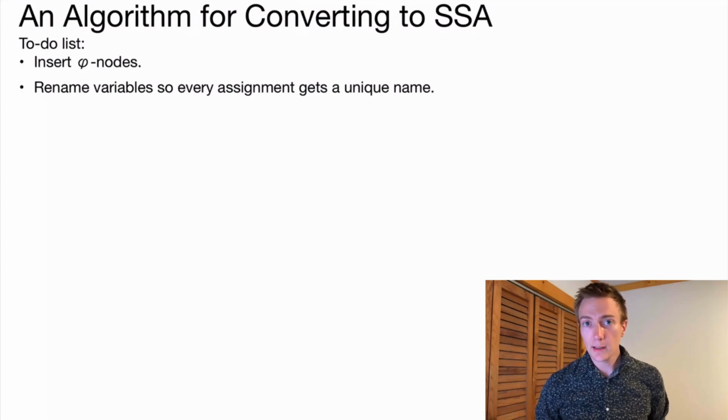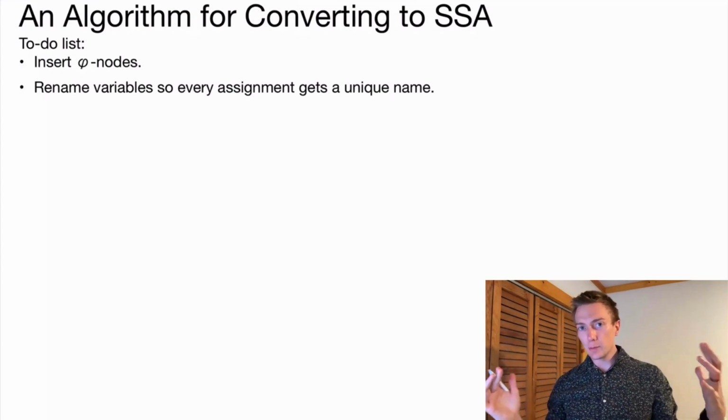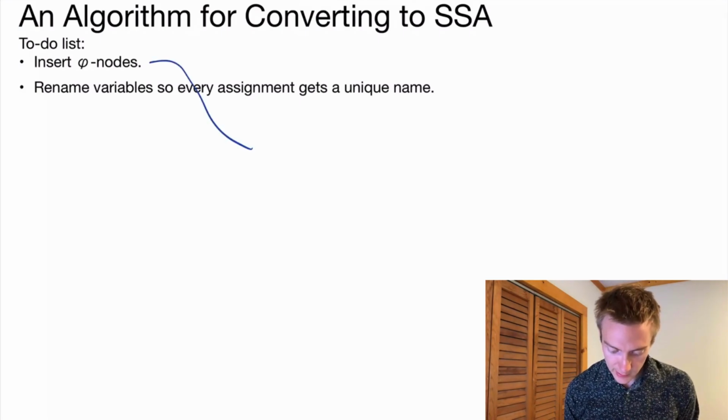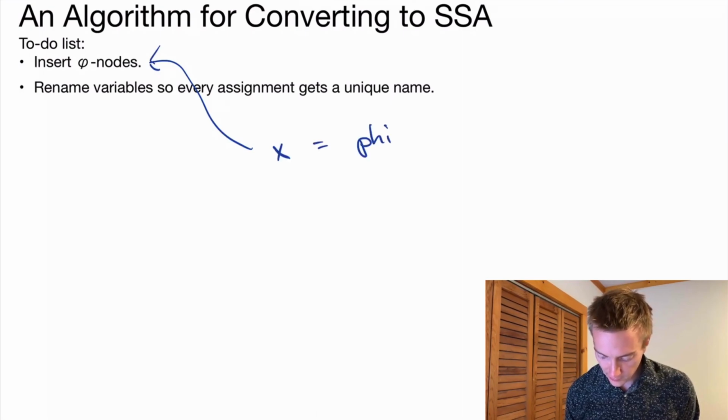This might sound a little bit weird, like what are we going to do with phi nodes if we haven't yet renamed things? And it does in fact look a little bit weird. That is, in the intermediate stage between these, we're going to have a bunch of instructions that look like x equals phi of x, x, and x, and each of these comes with a different label.